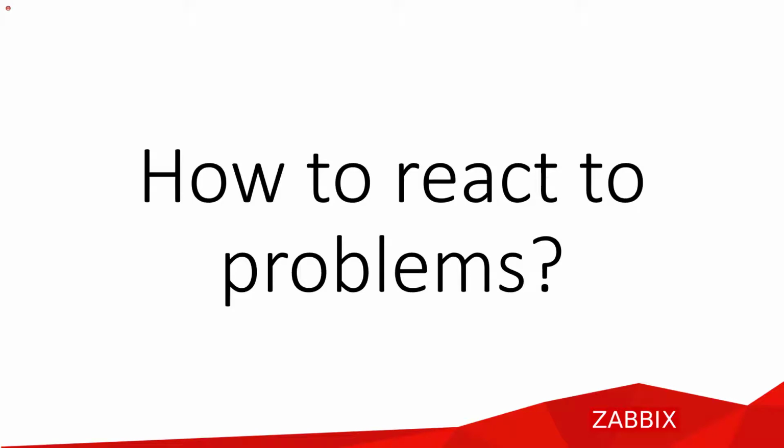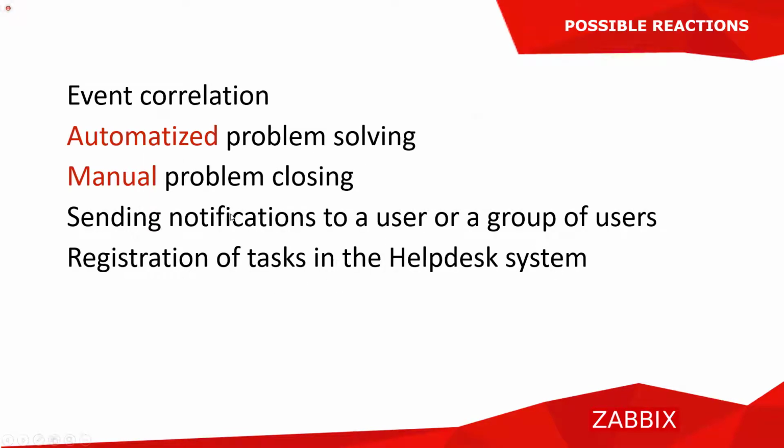Okay, we can detect problems in a lot of different ways, but how to react to those problems? Well, we can use the event correlation. There are two different event correlations in Zabbix, the trigger-based event correlation and the global event correlation. We can automate the problem solving, of course, so we can make Zabbix execute some kind of scripts. We can provide Zabbix with specific custom scripts.